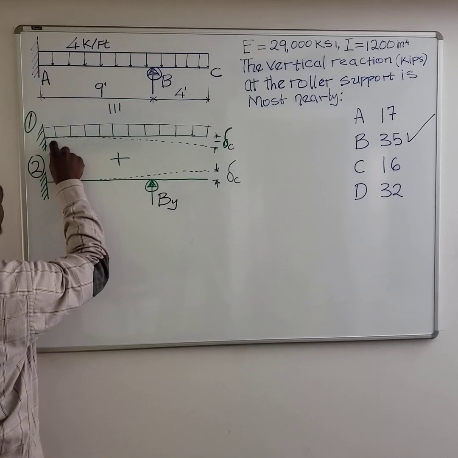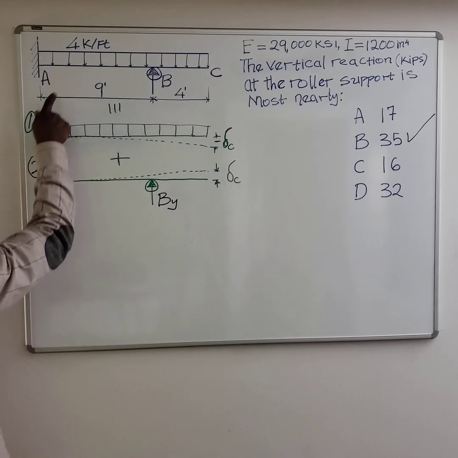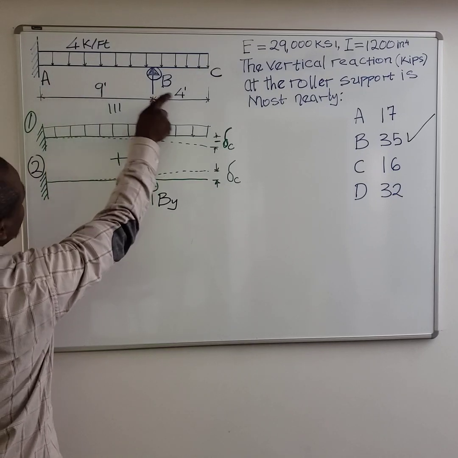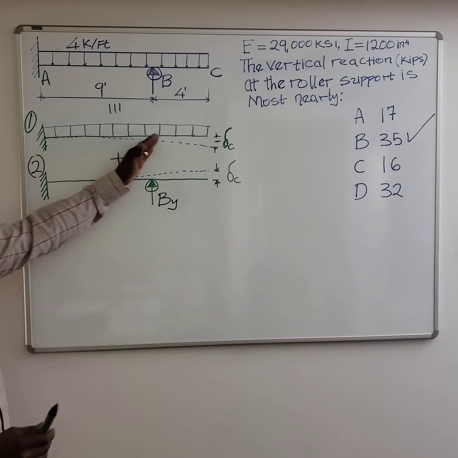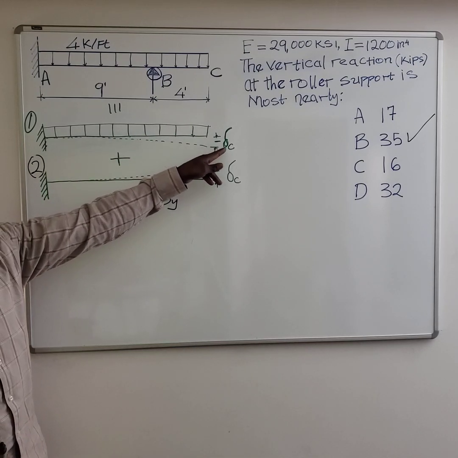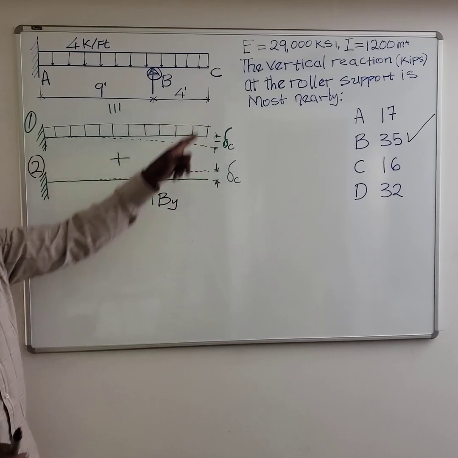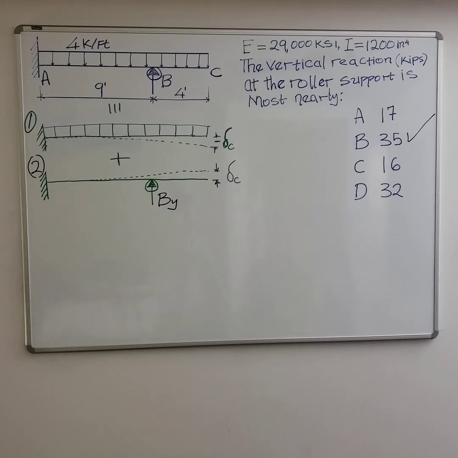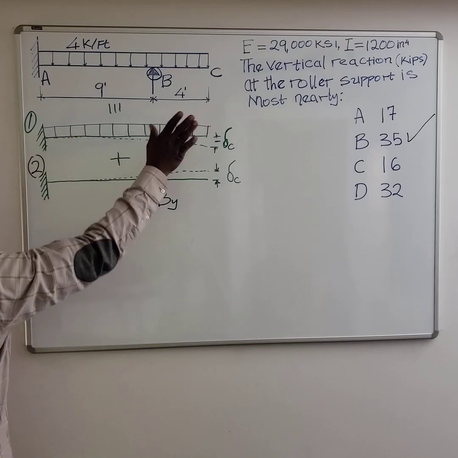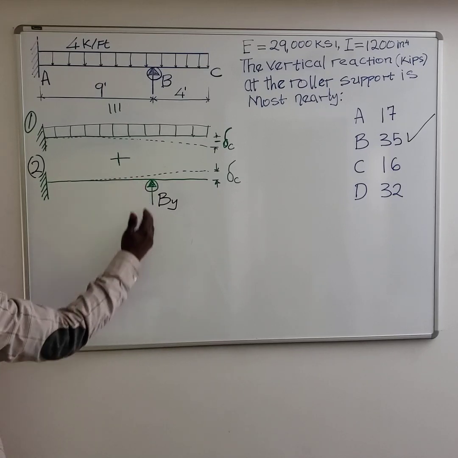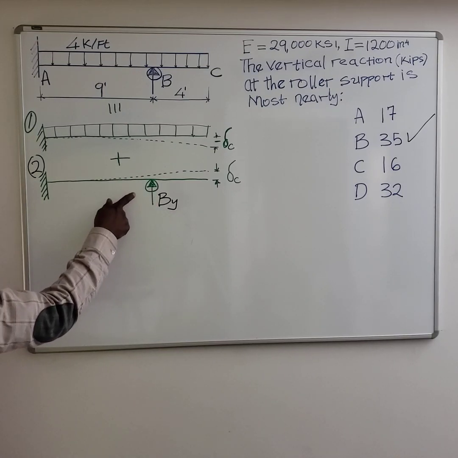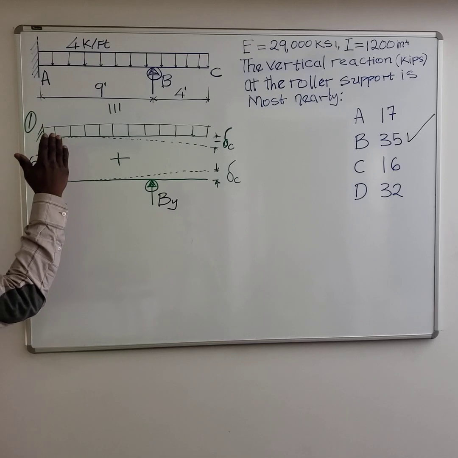In the first section, section 1, I have just the beam and the load. When you have that, it causes a negative deflection, as you can see at point C. In the second part, you take out the load, and you introduce a prop, a support at point B, and you can see it deflects the beam upward.